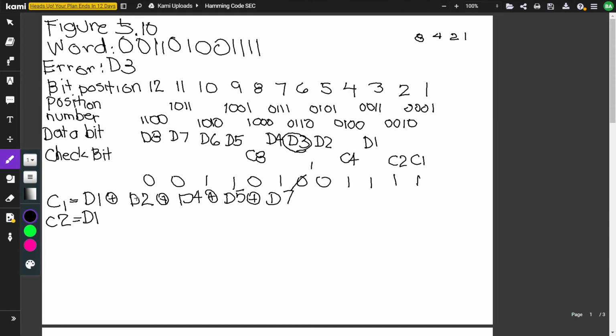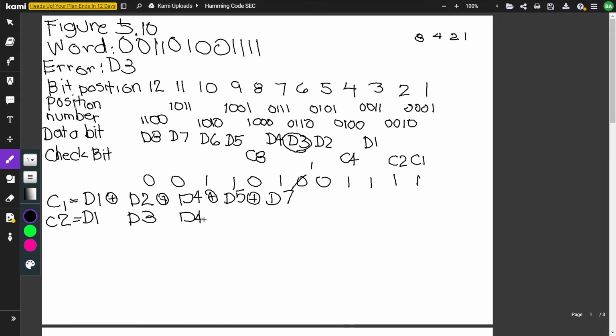Is 5 included? Actually not, because it doesn't have a 2. Next we have D3. We have to be careful and check that in C2, the 2 must be included. D4, 2 is included, yes, so let's include D4.